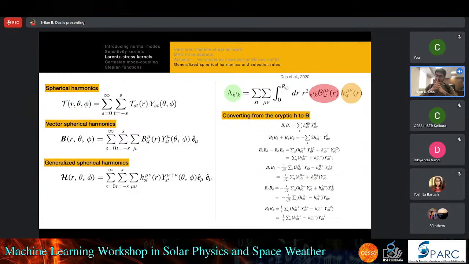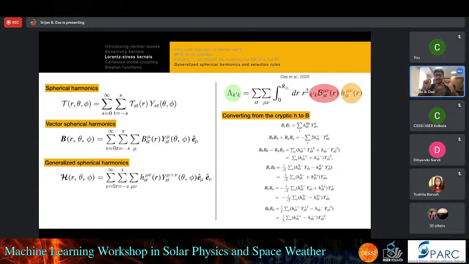So what did we do differently? We did only one thing which was different, which is we tried to treat our perturbation in the correct basis. I've already showed you how any distribution on the surface of a sphere can be decomposed in spherical harmonics. But if that distribution is a vector, for example velocity fields, you need vector spherical harmonics.